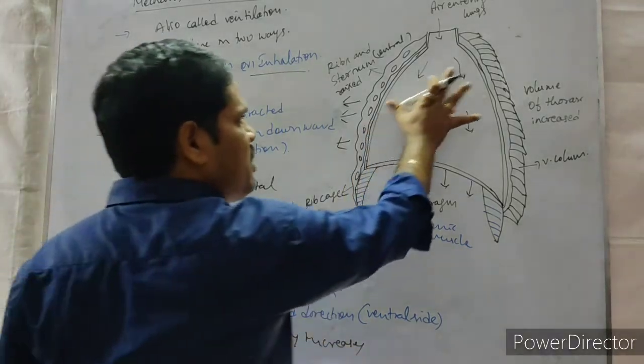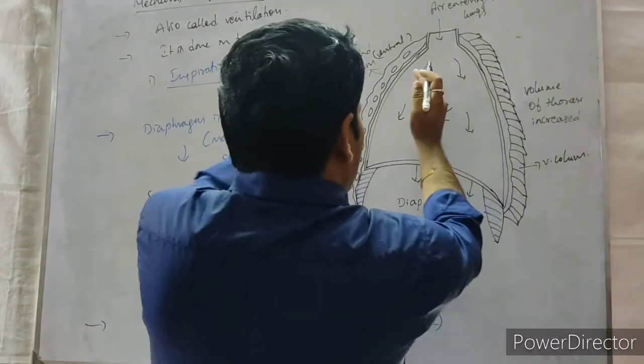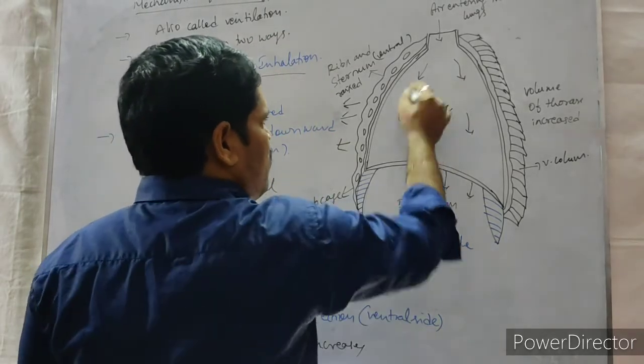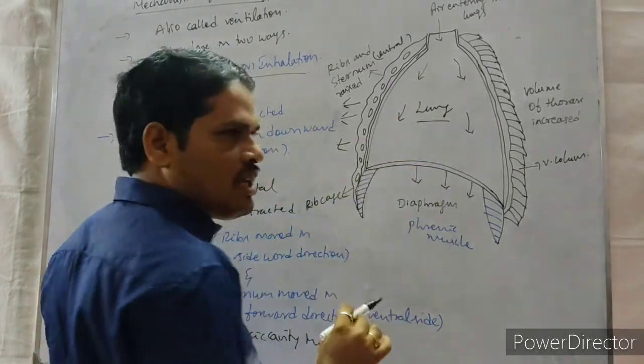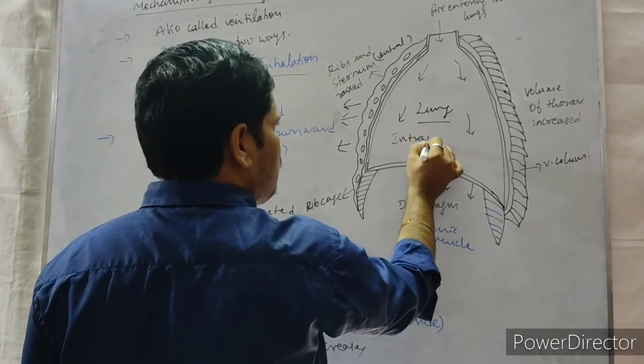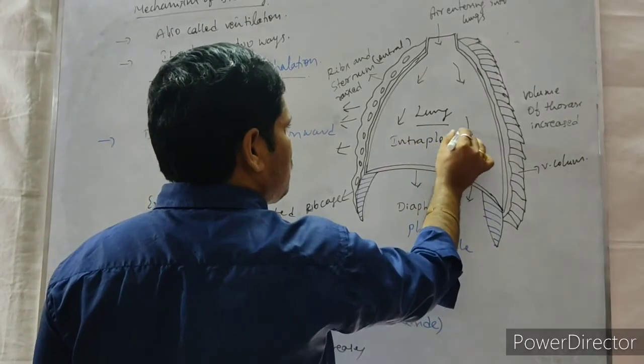Whenever the thoracic cavity volume increases, then what happened? The pressure present inside the lungs decreases. What is that pressure? Intrapleural pressure.